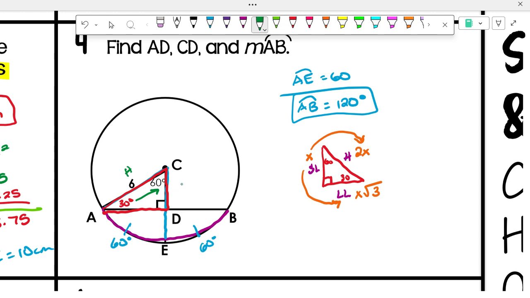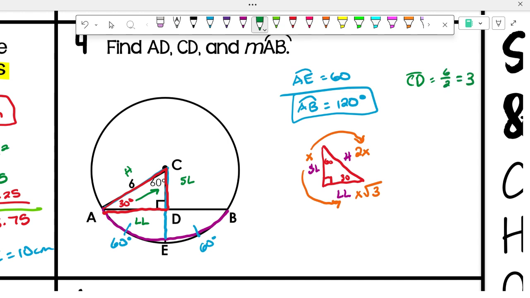So this is my short leg, and this will be my long leg. So how does the hypotenuse connect to the short leg? If the short leg is x, the hypotenuse is 2x. So how do I go from hypotenuse to leg? Short leg's half the hypotenuse. So how would I get CD? 6 divided by 2.